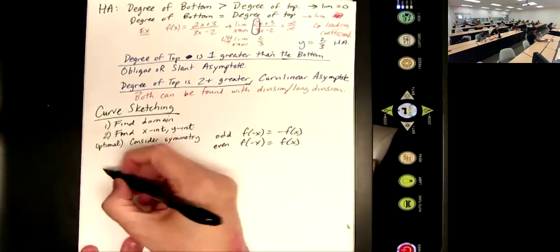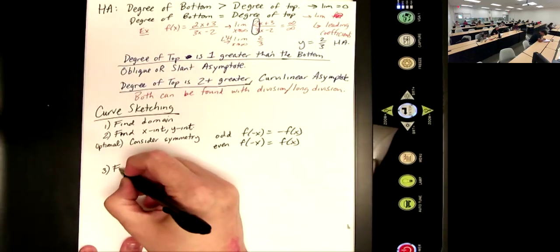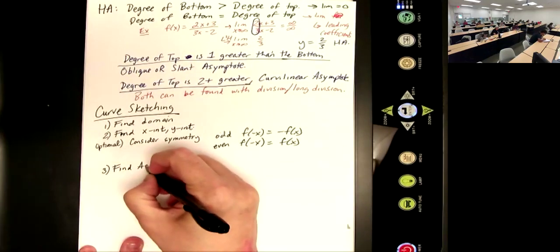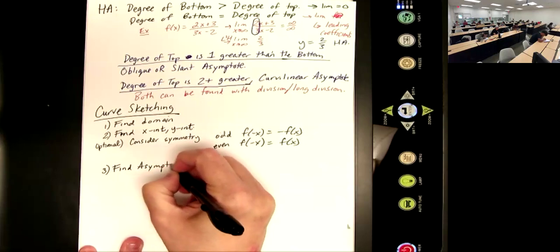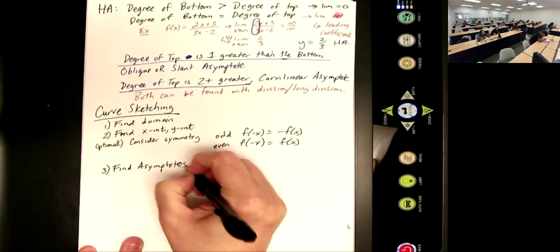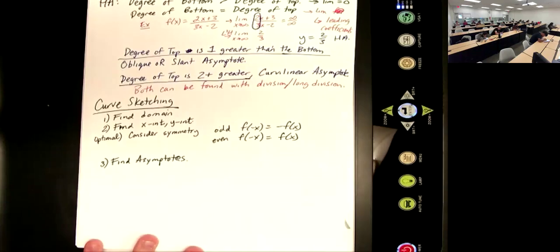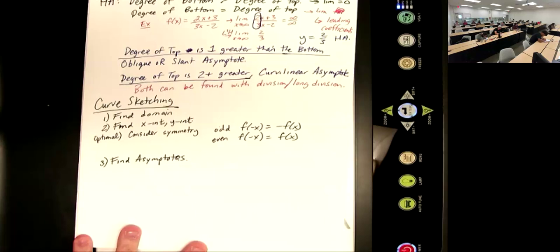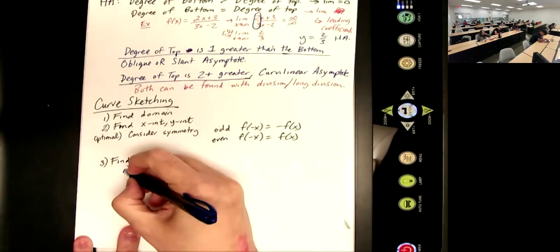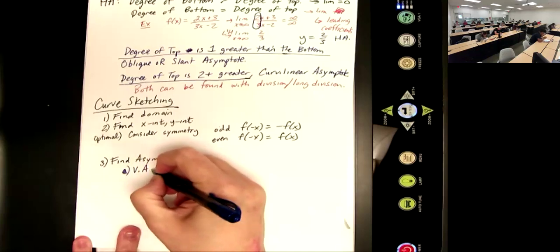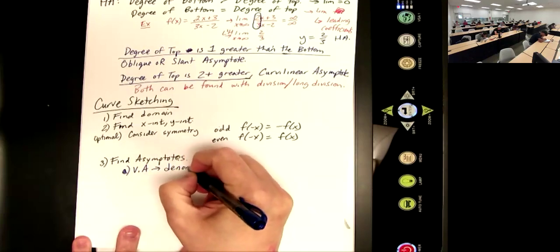Three will be find our asymptotes. Is that both the horizontal and vertical? Yeah, I'm about to break this down into categories. A, do your vertical asymptotes where the denominator equals 0.